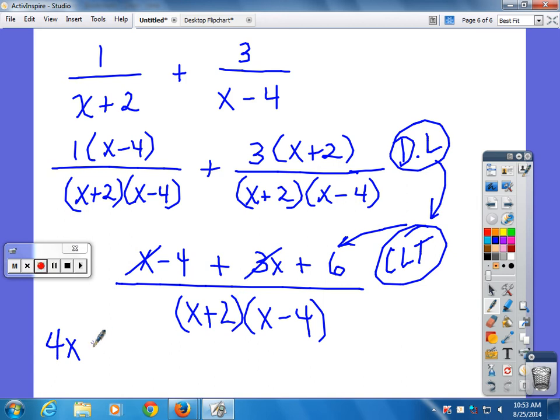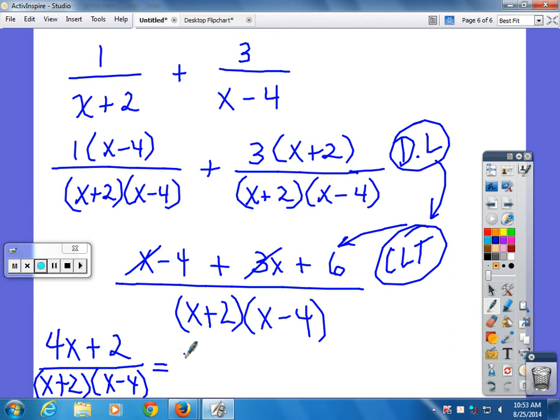How about plus 2? Yeah. X plus 2 times x minus 4. Is there anything we can do up here? Yeah. There's a 2 in common, right?